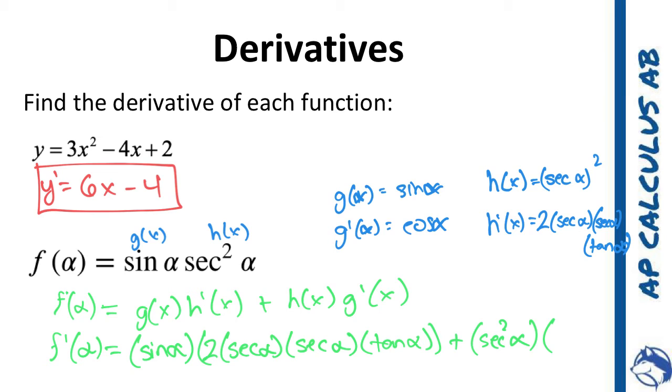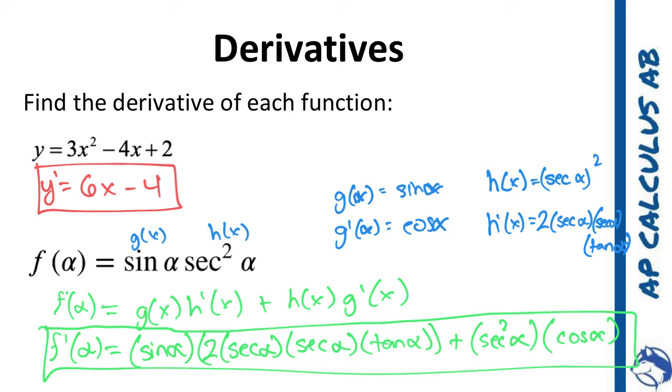And I multiply this by the derivative of g of x, and that is just the cosine of alpha. And that's the derivative right here. I would leave it like this. You might have to simplify it for multiple choice, but if it's free response, definitely leave it like this.